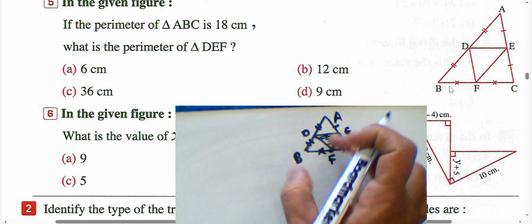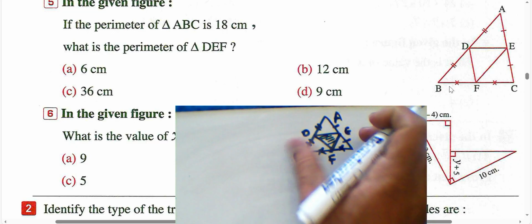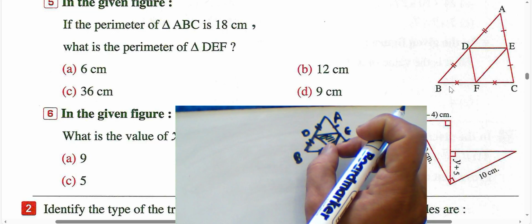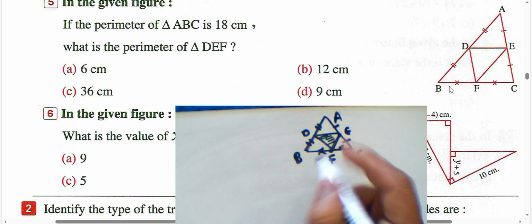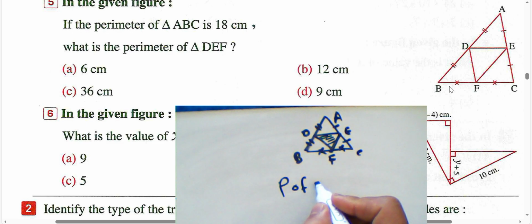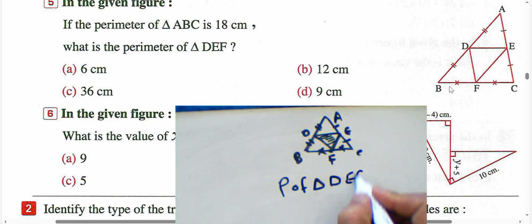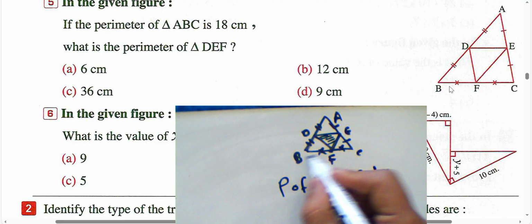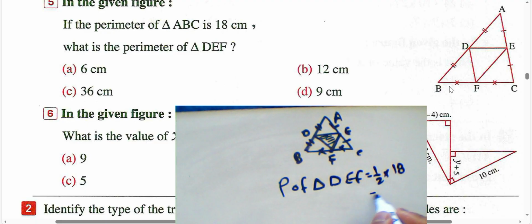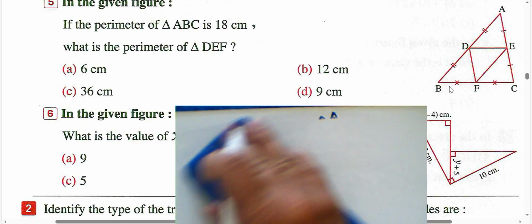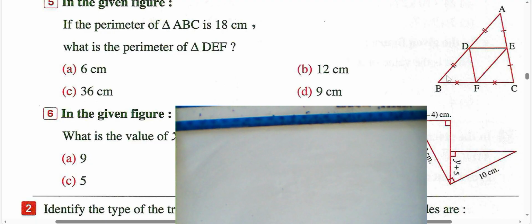He gives me the perimeter of the greater triangle, ABC, which was 18. Then the perimeter of triangle DEF will be half the perimeter of the greater triangle. Half of 18 is 9 centimeters. Okay, 9 centimeters. Choose letter D.